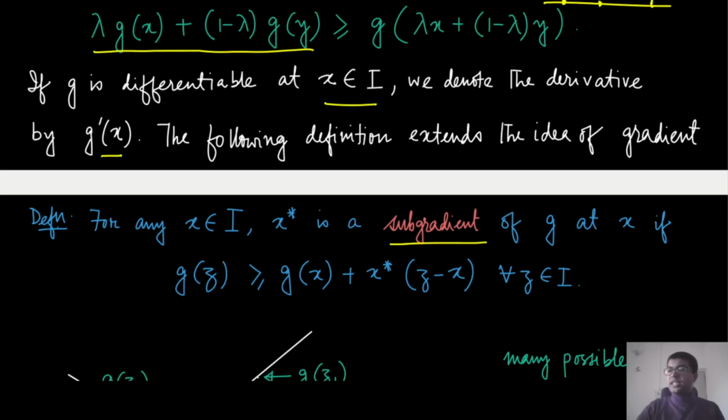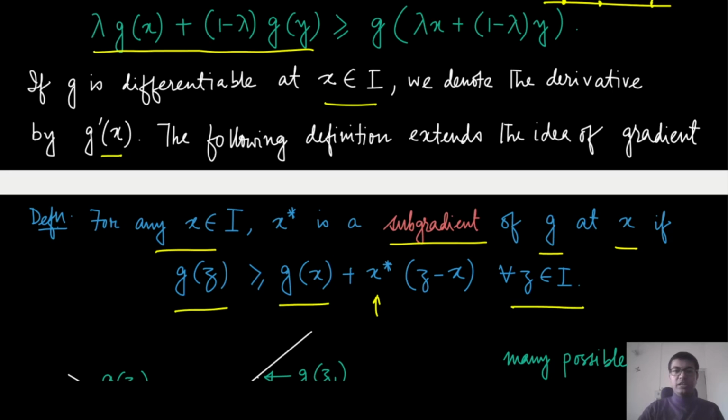For any point x in that interval, x star is a subgradient of this function g at that point x, if the following happens: for any other point z, g of z must be greater than or equal to g(x) plus this number, the subgradient, multiplied by z minus x, and this should hold for all z in I.